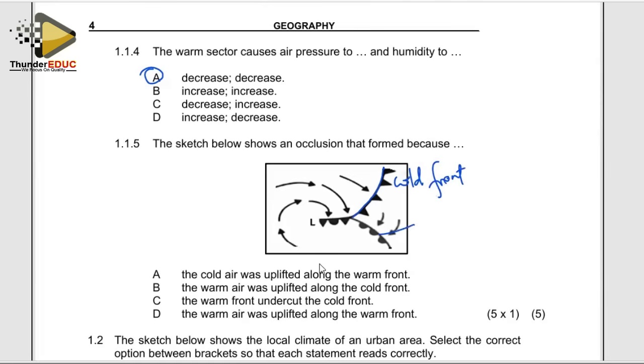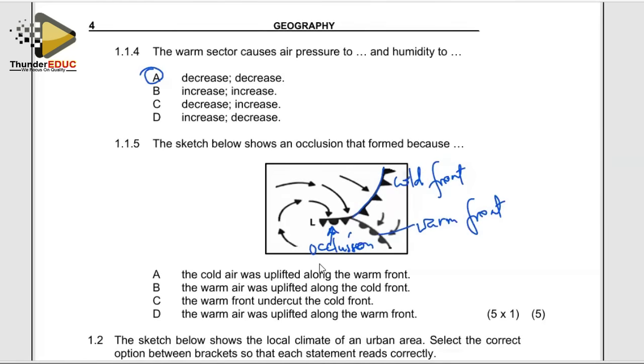And this part here is a warm front. So here we experience a situation of an occlusion where we have the cold front which has caught up with the warm front. It's an occlusion on that part of that system.